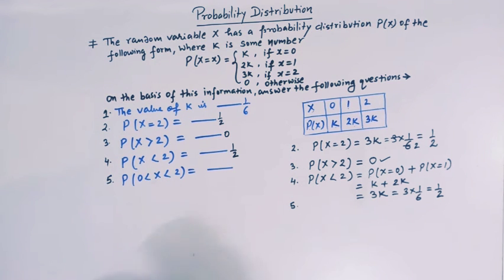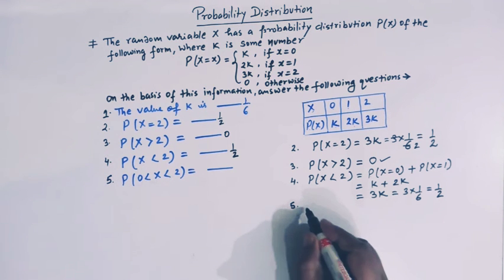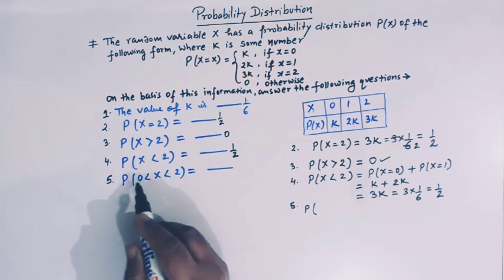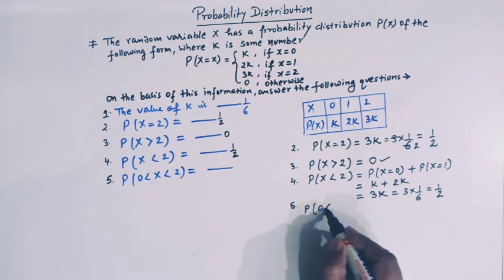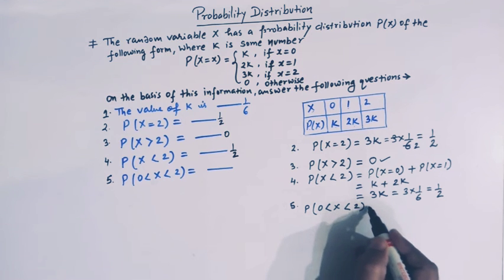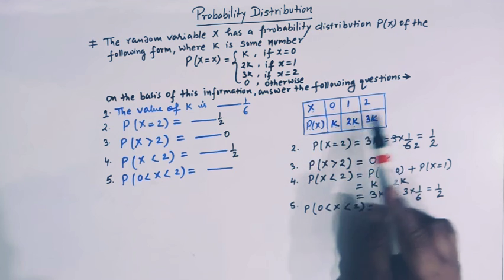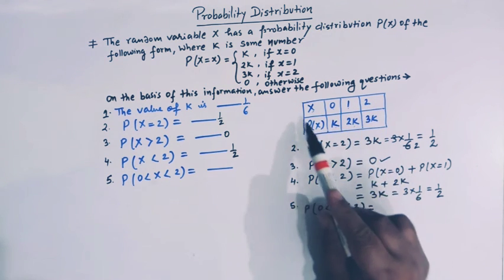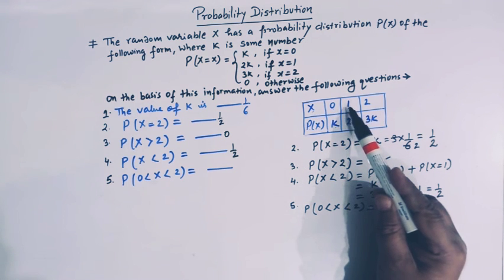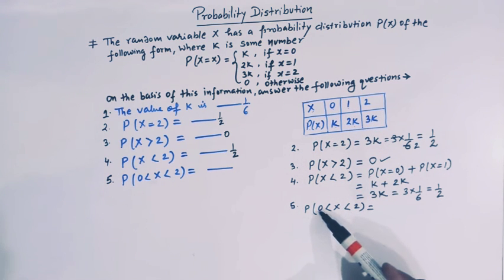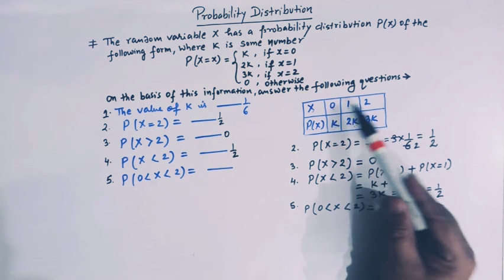Now come to the fifth one. Here we have to find the value of p of x when x lies between 0 and 2. So it is quite clear from this probability distribution table that when x is equal to 1, then it lies between 0 and 2. It means 1 lies between 0 and 2.